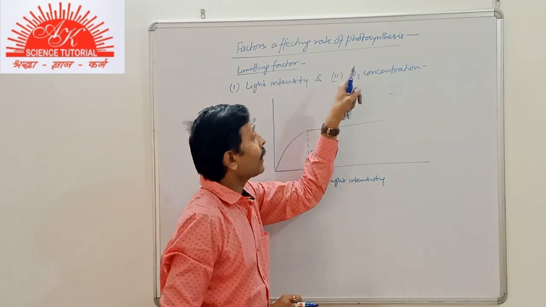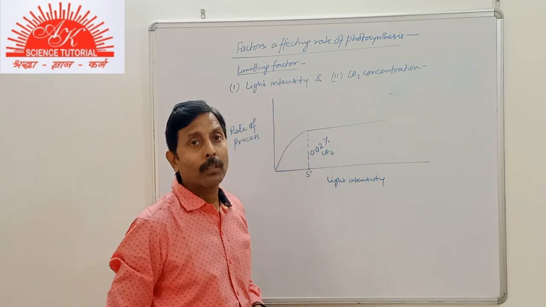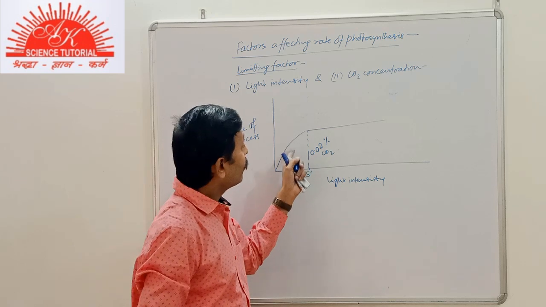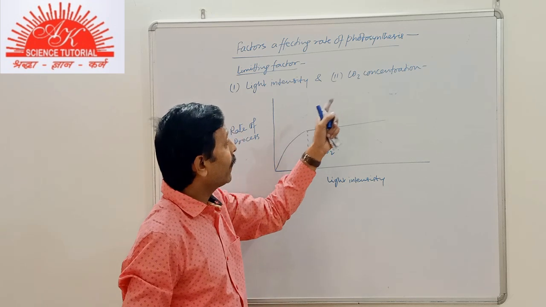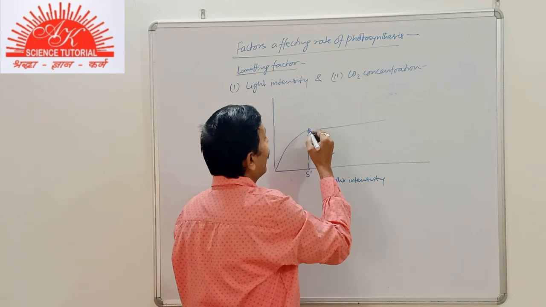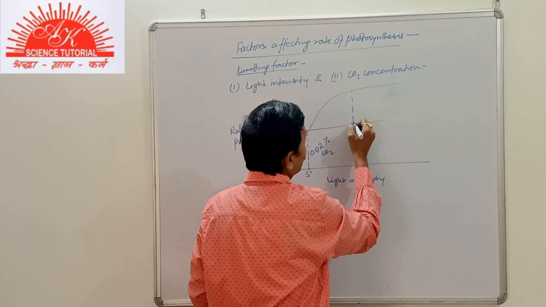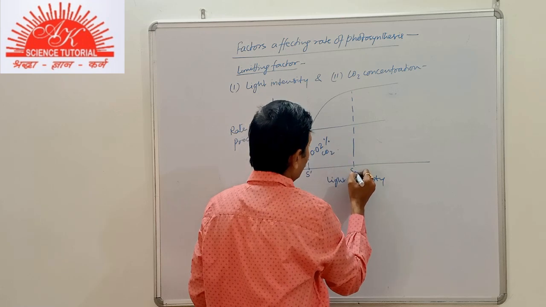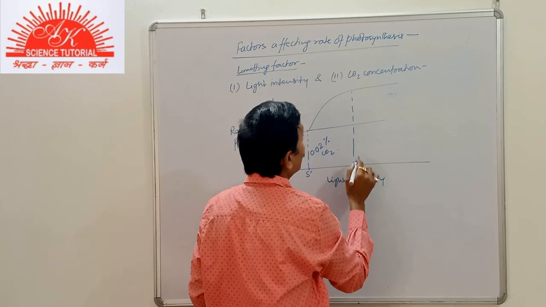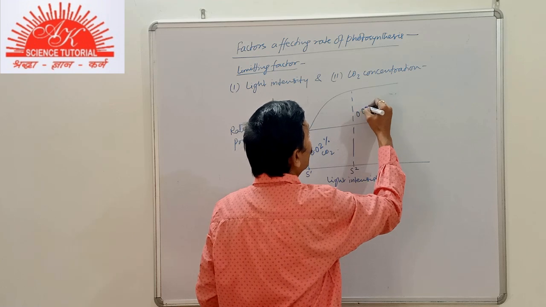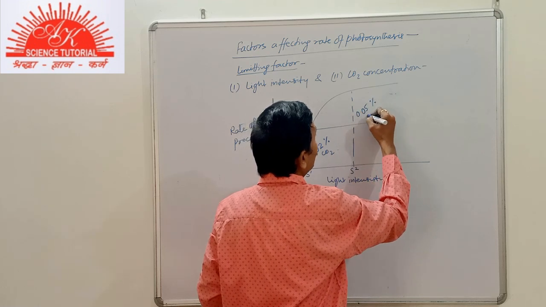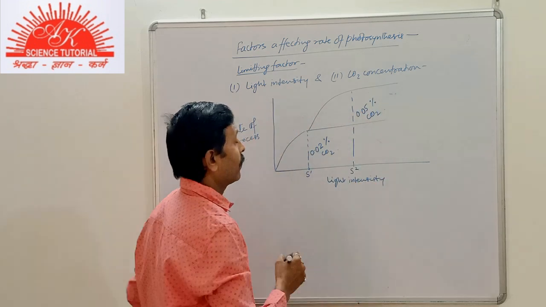If we increase the concentration of CO2, then the rate of photosynthesis will again start to increase and it becomes constant at another level, S2, when the CO2 concentration is increased to this concentration.